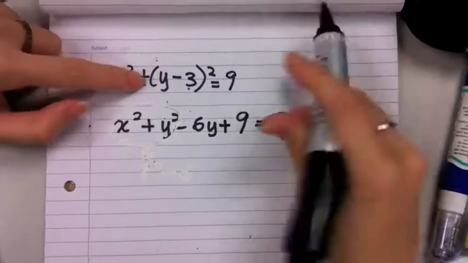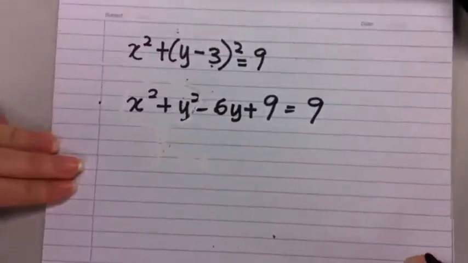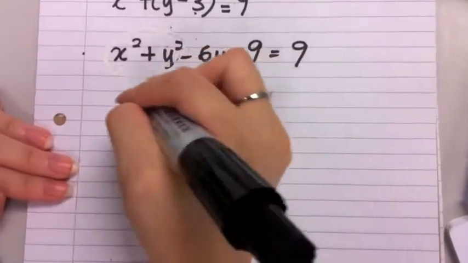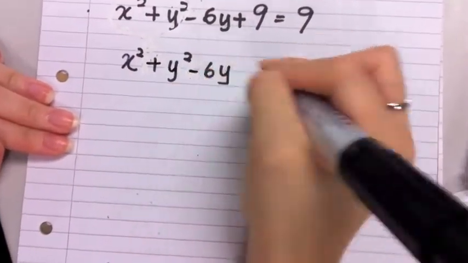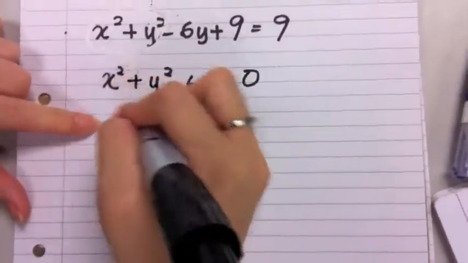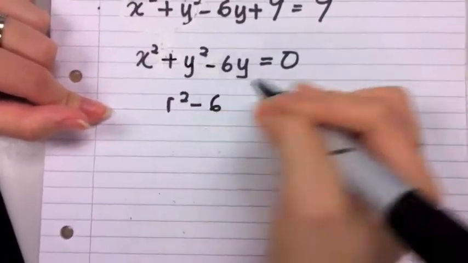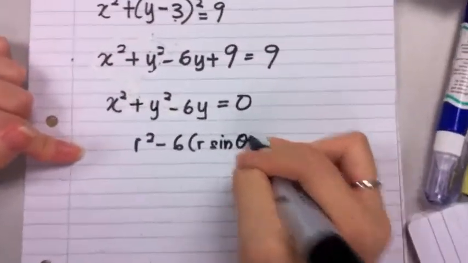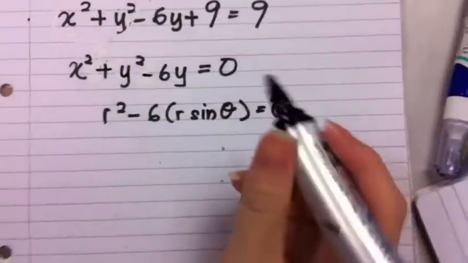From the question, we expand this part, so it's x squared plus y squared minus 6y plus 9. We simplify the equation, making it x squared plus y squared minus 6y equals 0, because the 9 cancels out. Now you can simplify this into r squared minus 6, and y is equivalent to r sine theta, as we learned earlier.